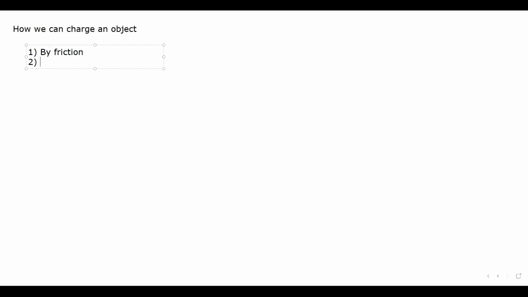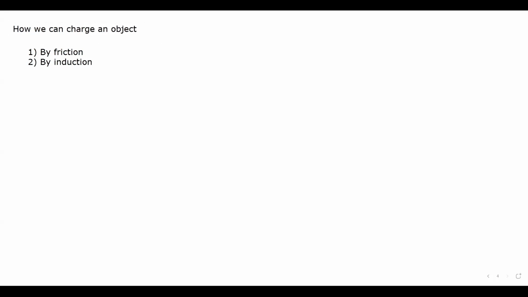Number two, by induction. So if we want to make an object charged, what can be done? One is known as friction, and the second one is known as induction.